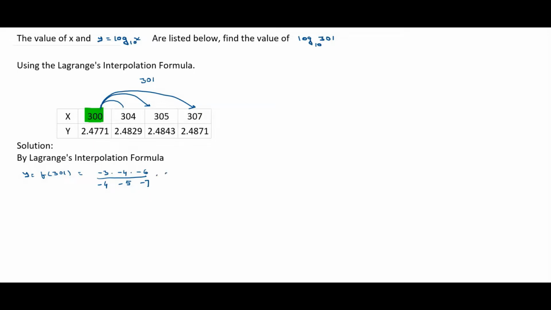And write down the first value of y, that is 2.4771 plus.